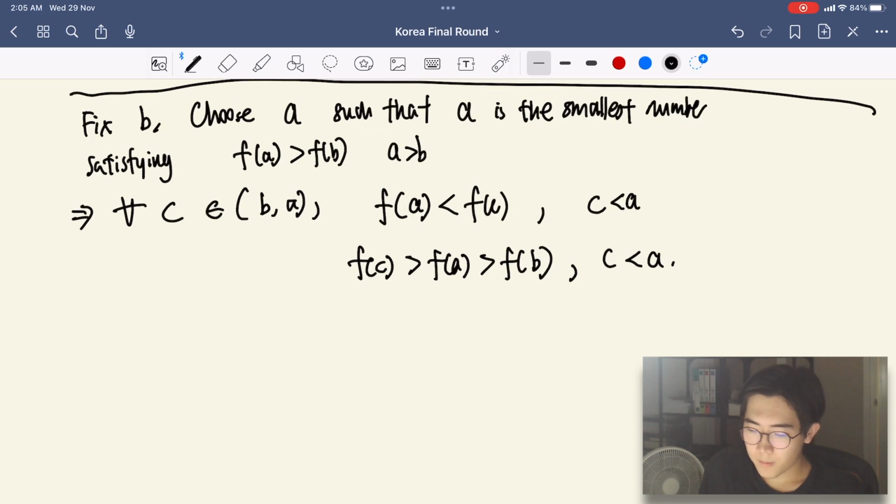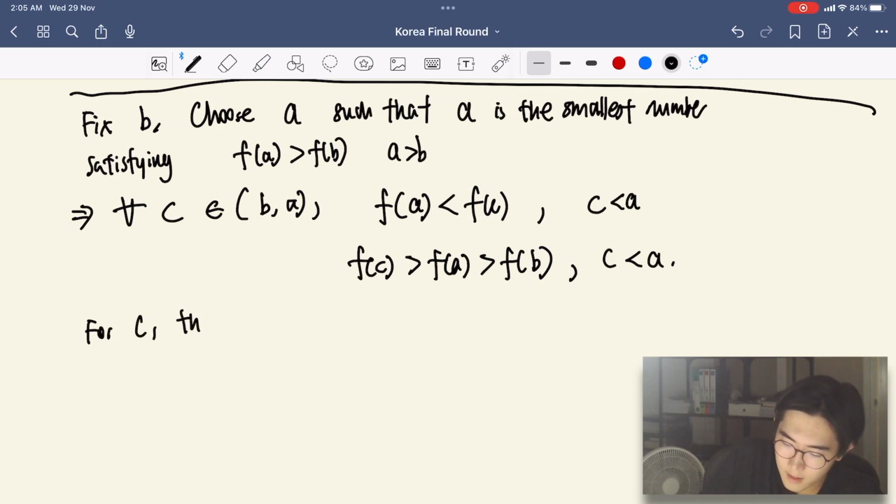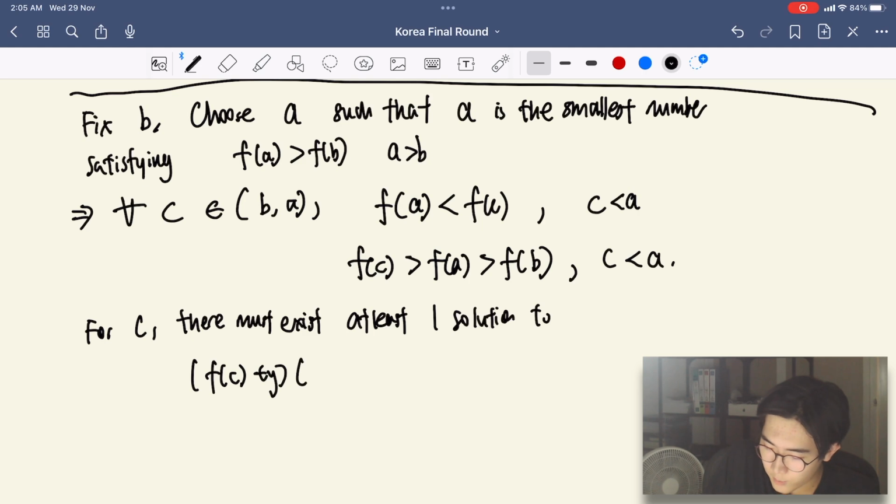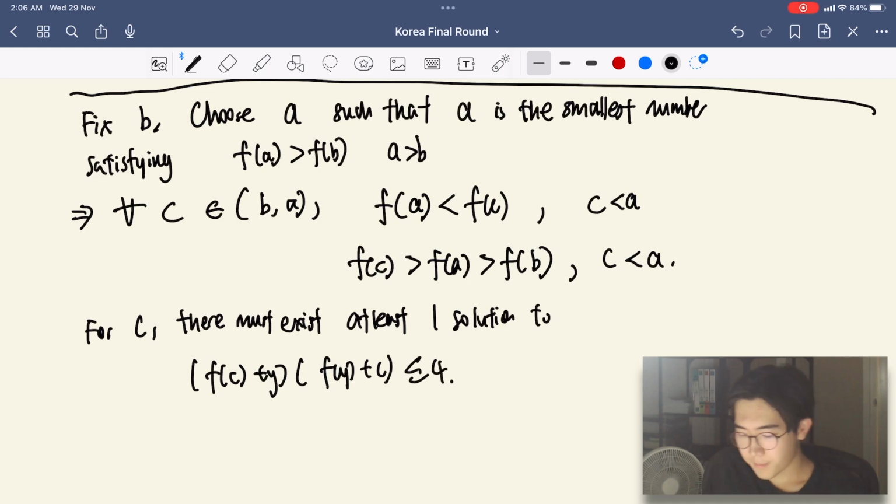Now, with the problem statement condition for c, there must exist at least one solution y to (f(c) plus y) times (f(y) plus c) less than or equal to 4.